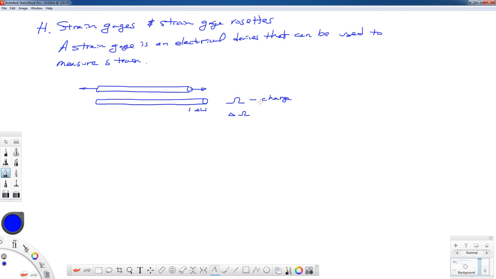Well, back in the 1940s or so, people came up with a very clever way to take advantage of this change in resistance. And instead of having a long straight wire, they decided, well, they could take and coil a wire back and forth a number of times, and you have an effective length, but you have a much smaller area on which that sensor is located.